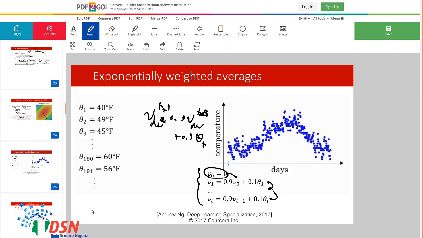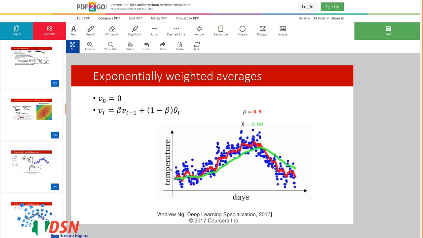If you calculate all of those, you could see that for larger betas, you are taking more average from previous steps and you have a smoother approximation, or more of a moving approximation, from your last steps.